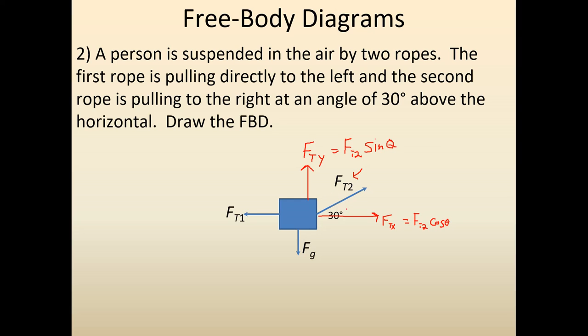From here, now I have a much easier scenario that I can do, and I would get rid of this. All right, so just keep this in mind, the difference between you drawing an FBD for yourself versus drawing it for the instructor or grader.